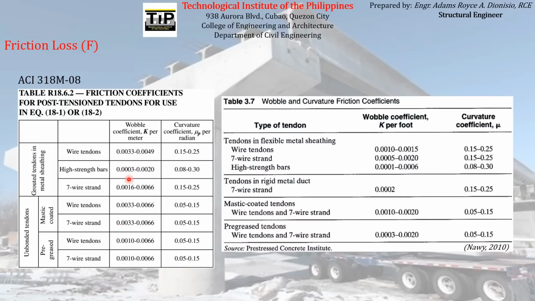Or if you refer to the PCI, Prestressed Concrete Institute, you can see a somewhat similar table. You can see here that the coefficients K and mu are dependent on the type of tendon. The different types of tendons are specified here, and their corresponding K and mu, the coefficients for wobble and curvature effect respectively. So you can use these values you see here on these tables.